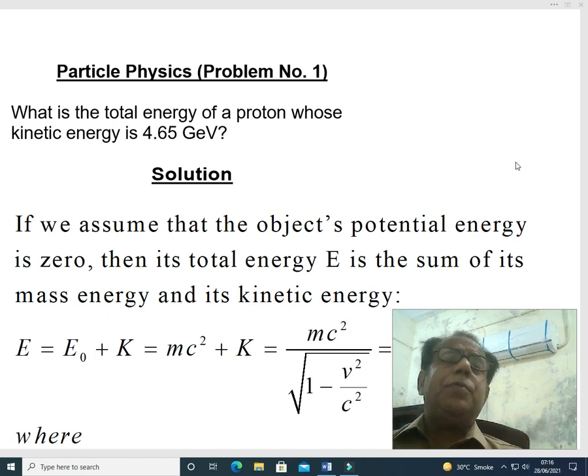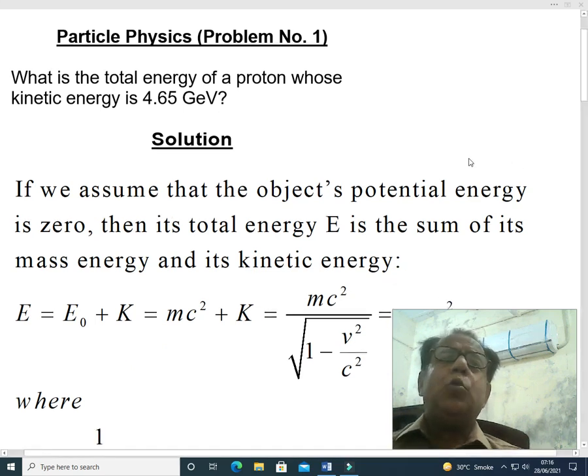We have to work on simplification of these values. What is the total energy of a proton whose kinetic energy is 4.65 giga electron volt?